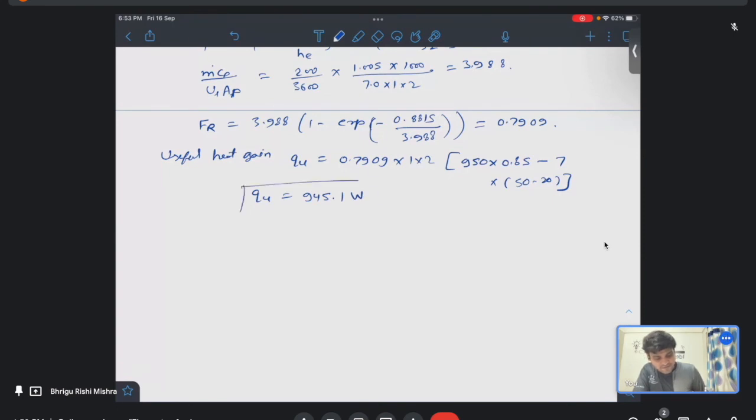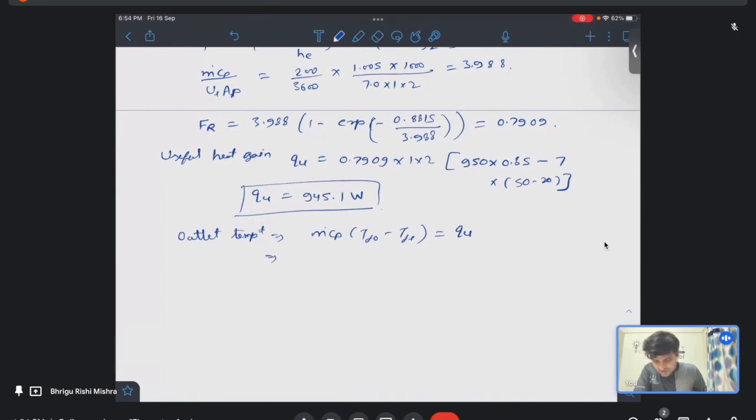So now you can calculate the outlet temperature, again using heat balance. That means m dot Cp, TFO minus TFI, equals QU.